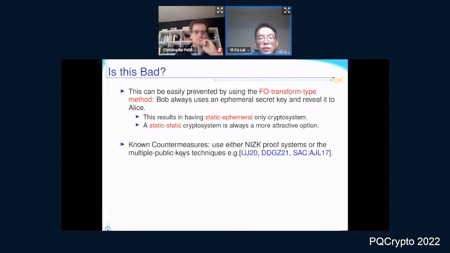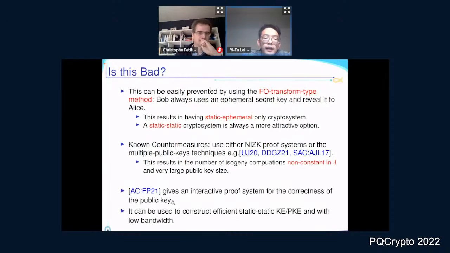And as mentioned in the previous talk, you can use some unexecutable systems or a multi-public-key technique called k-SIDH to prevent this attack. But it will result in a large number of isogeny computations, not constant in lambda, and somewhat larger public key size.